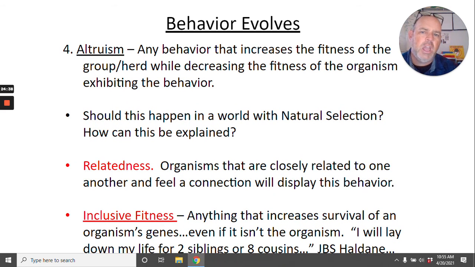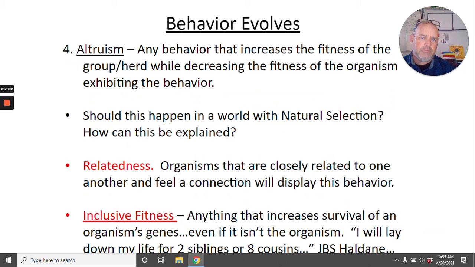Altruism. This is any behavior that increases the fitness of the group while decreasing the fitness of the organism exhibiting the behavior. So think of an example of that. When would it be that an organism decreases its fitness while it improves the fitness of the group? There's several examples of this.